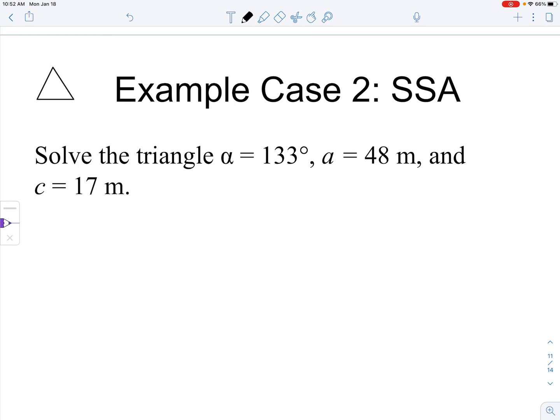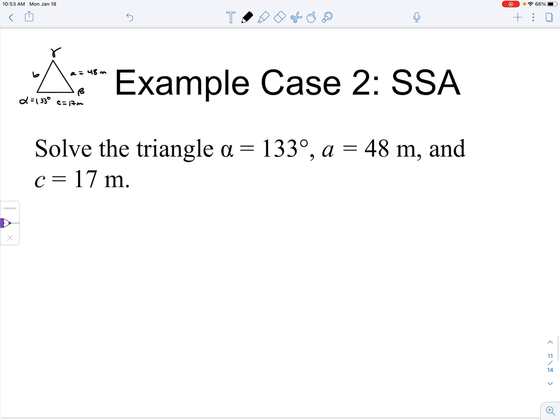Now, often when I'm not given a picture, I like to just draw a sketch of a triangle and label it. So I know that I'm given alpha is 133 degrees, side A is 48 meters, and side C is 17 meters, especially if I'm trying to visualize what case I'm dealing with or what I can solve for.